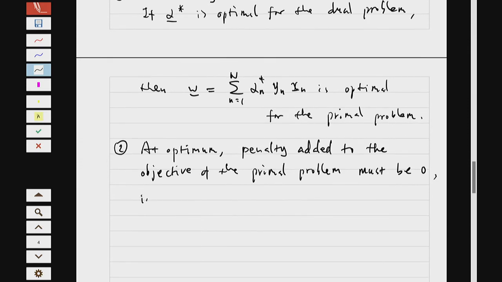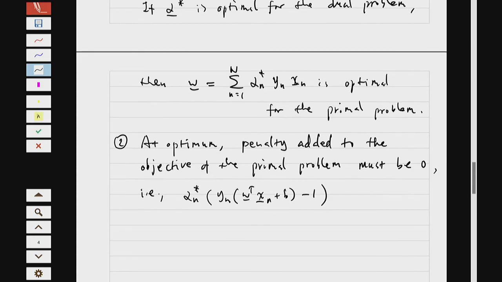The penalty, remember, was alpha n star, a weighted amount. This is the price for the violation, times the violation amount, which is y_n (w transpose x_n plus b) minus 1. Previously we said the constraint says this thing has to be at least 1. So we take the difference, that's the amount of violation, and there's a weight.